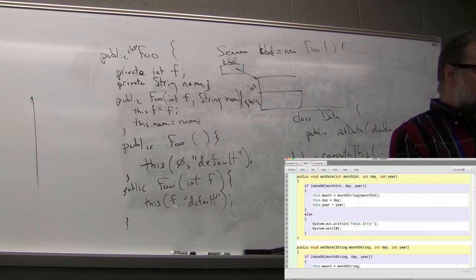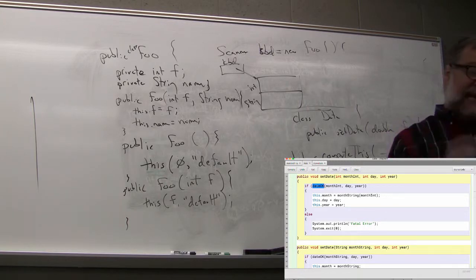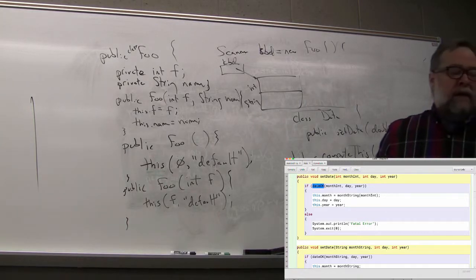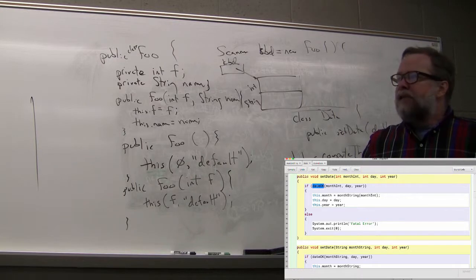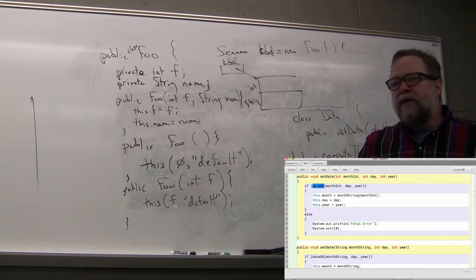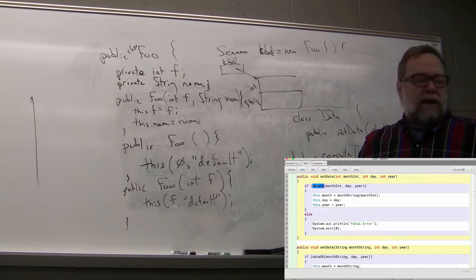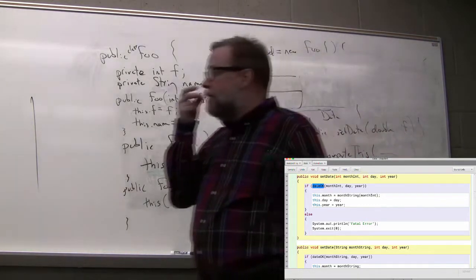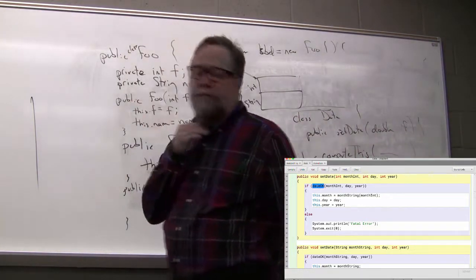But in particular, they both call this other helper method called dateOK. What they're checking is to make sure that you don't set a date which is illegal, like February 31st or something like that. So dateOK just checks that whatever values the caller has provided are legal.